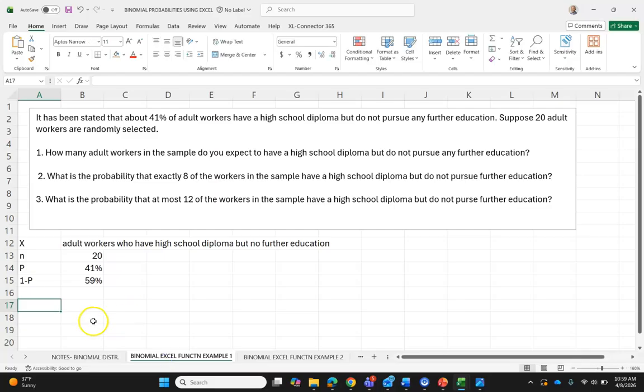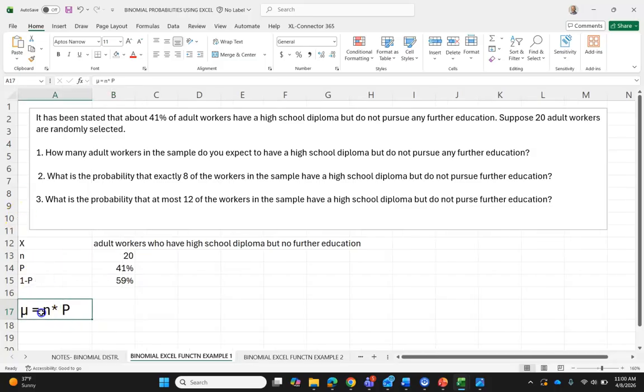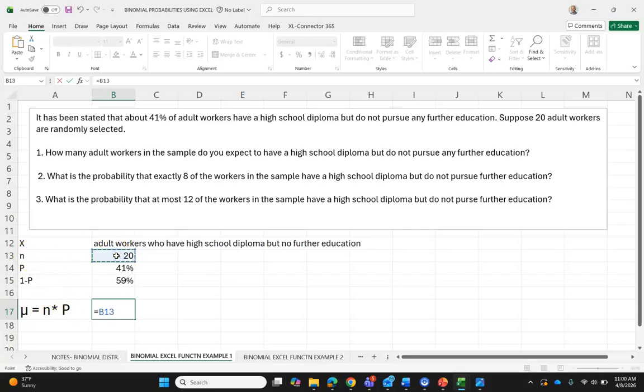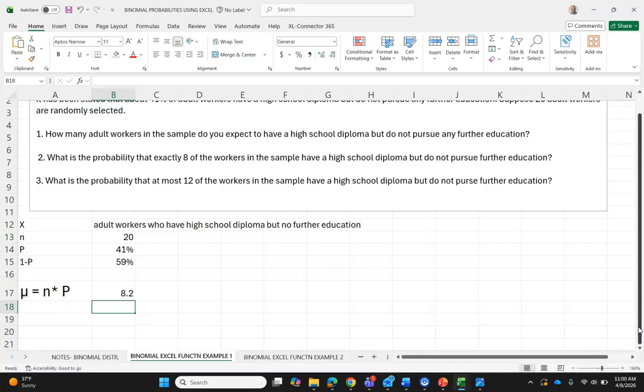So I'm going to copy that formula and paste it here. That's all we're looking for. In this case, I'm going to put an equal sign, and we have 20, times the probability of success, which is 0.41, and then enter. That will give us the average number of adults that have a high school diploma but didn't pursue further education.